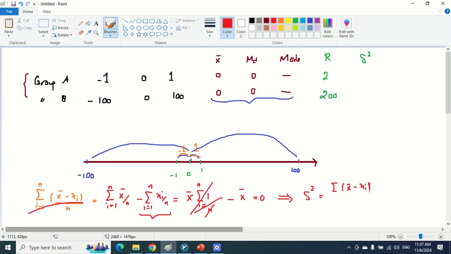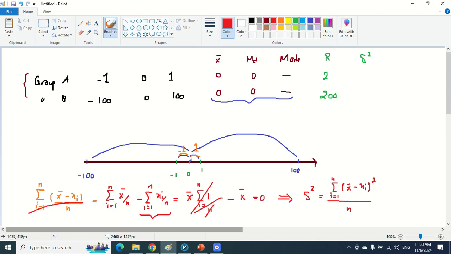We could also use the absolute value, but that is called different things. So we write xi minus x bar squared, and now we divide it by n, and then we will find the standard deviation. So to calculate the standard deviation, we can calculate this value.